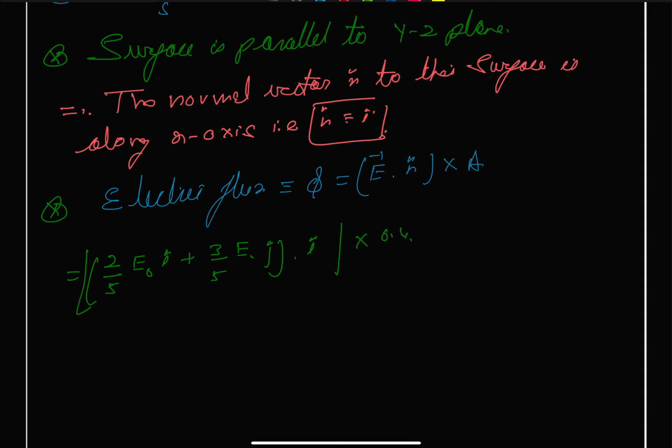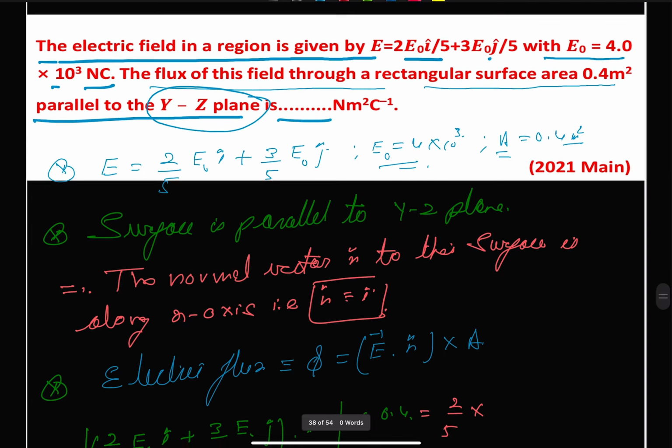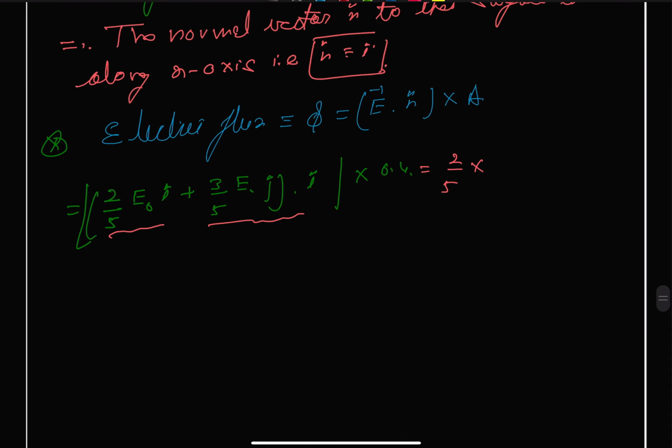This dot product of I and J will be 0, so we are left with only I dot I, which will be equal to 1, and that will be 2 by 5 E naught. E naught is given to us as 4 into 10 to the power 3, area vector is 0.4.